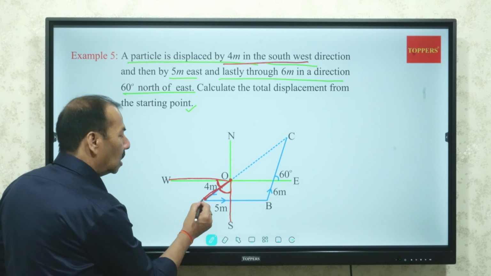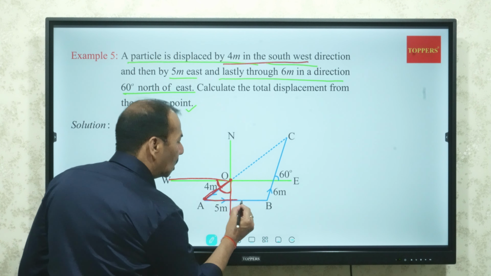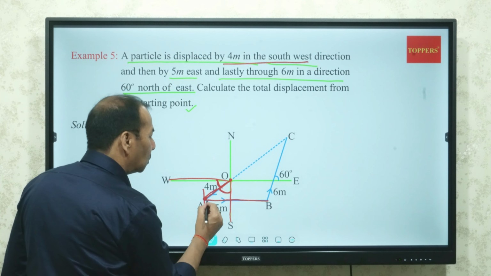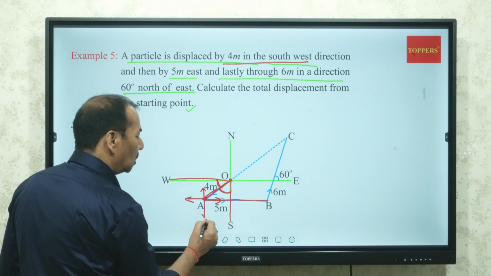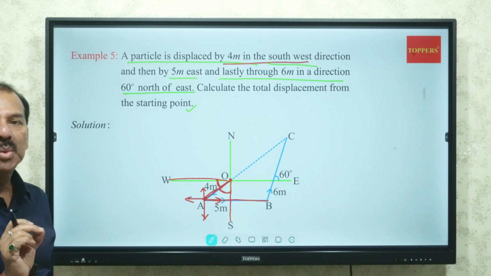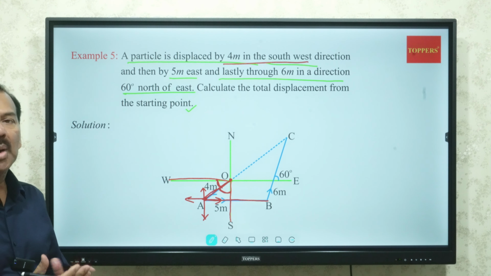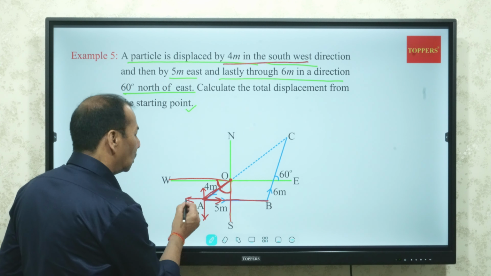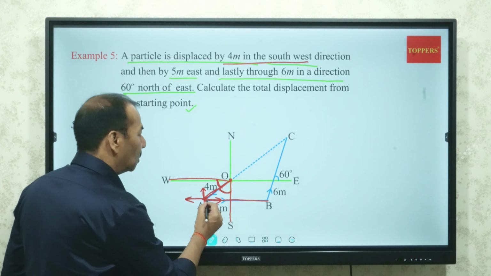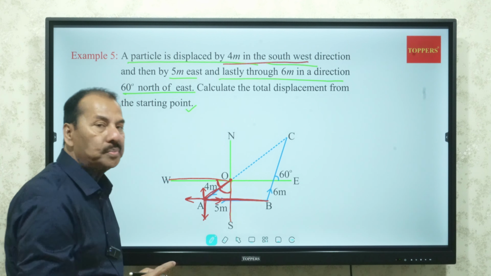Then it comes here and then travels 5 meter towards east. So with respect to this point, this side again becomes east, this side west, this side north, and this side south. At every point you have to consider the direction, and accordingly you have to take the displacement. So 5 meter east.